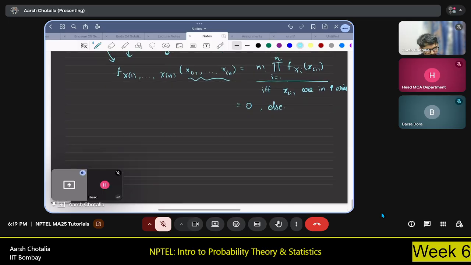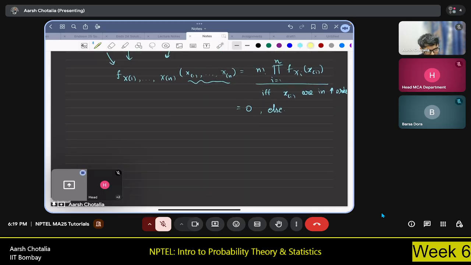And finally, we saw conditional distributions, which means the probability that x is equal to some value given that the other random variable takes the value y. Okay.